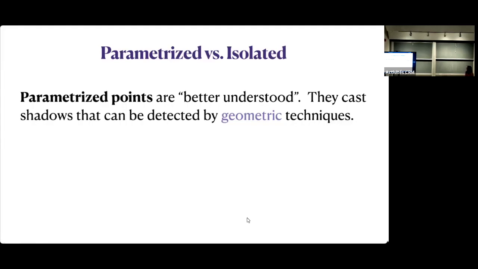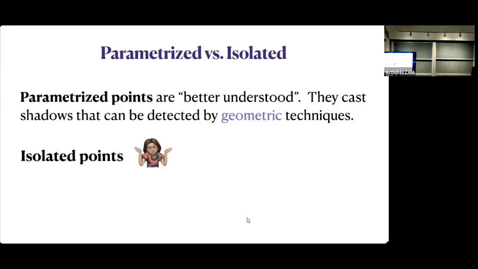Okay. And so what about isolated points? Well, isolated points we defined as not being parameterized. Okay, we can actually say a few more things about what it means to be isolated.